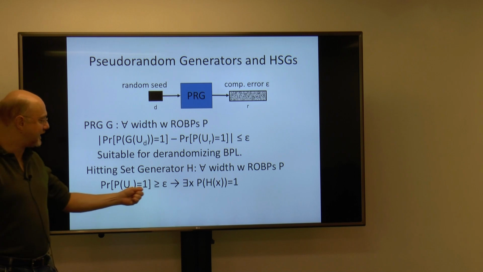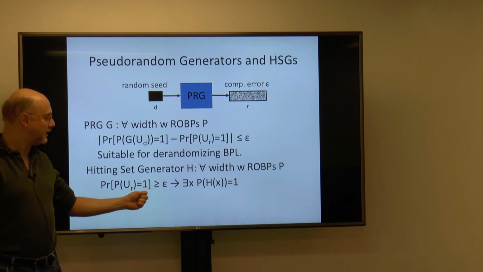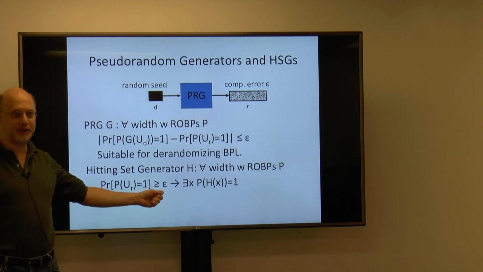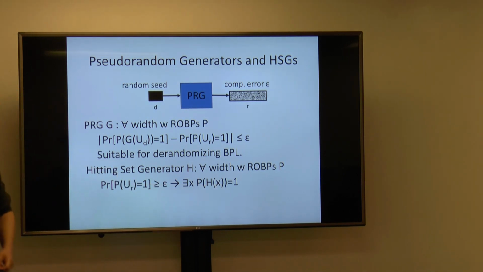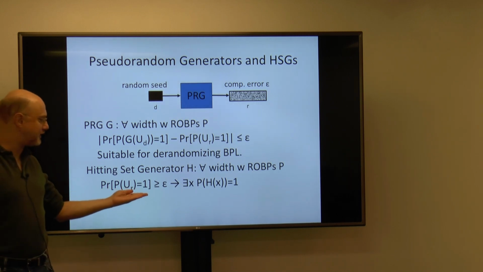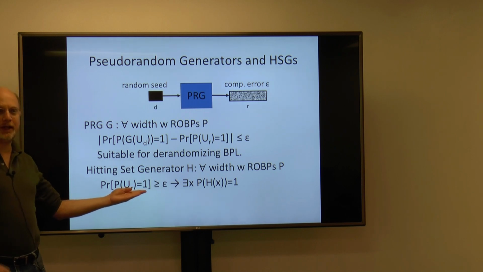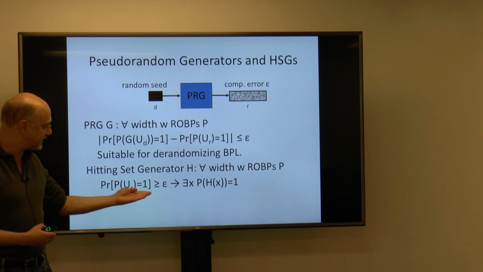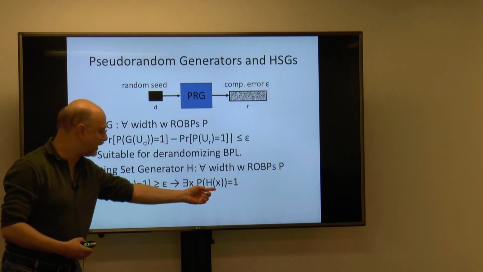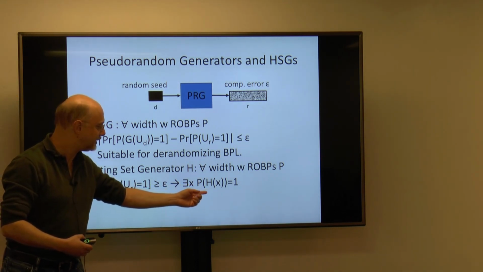if P accepts a uniformly random string with probability at least epsilon, then there's something in the hitting set generator's output that's accepted. Okay, so probabilities aren't preserved, but it just says that as long as there's a significant probability in the random setting of P accepting, the hitting set generator will output one string.